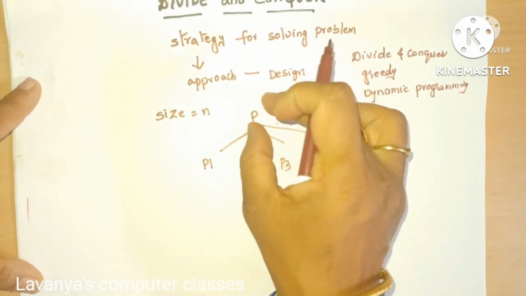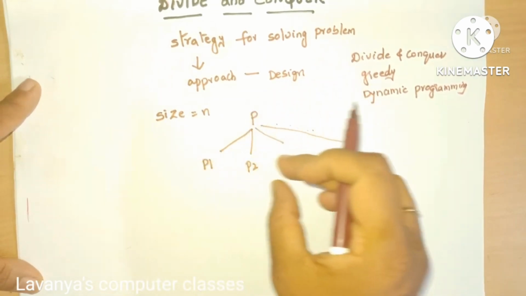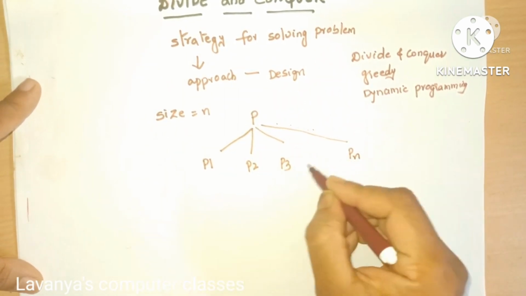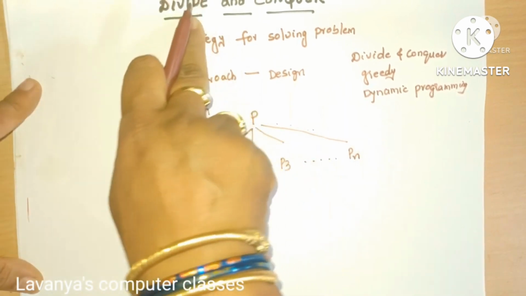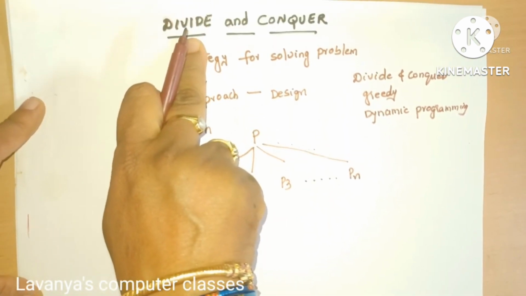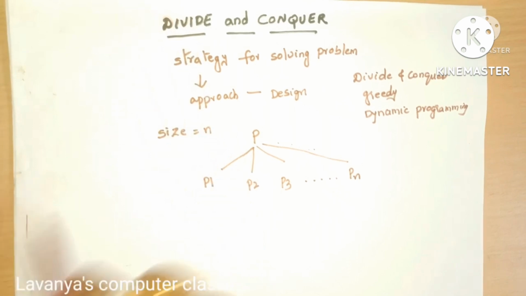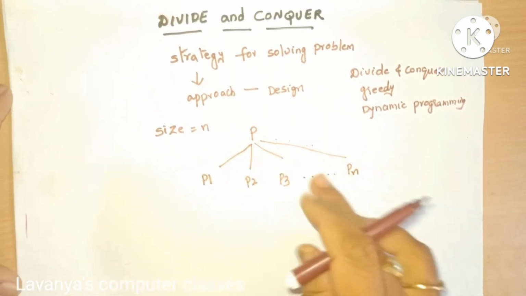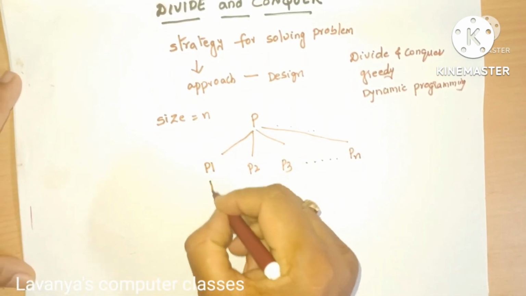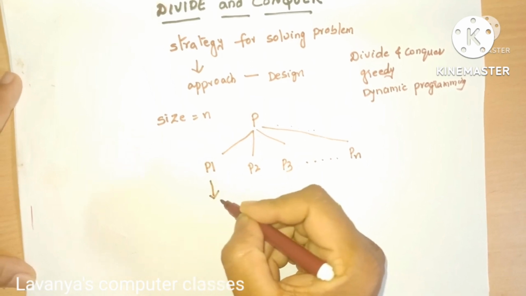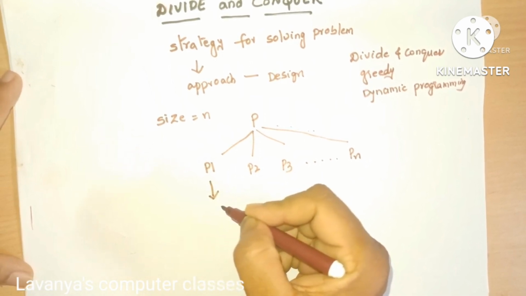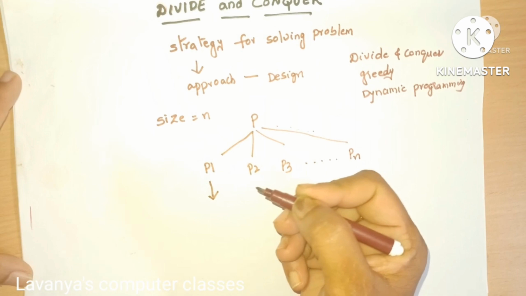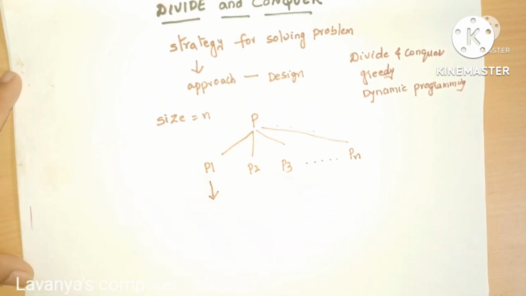One big, larger problem will be divided into sub parts, and this is known as divide. First I have to divide the big problem into smaller problems. After that, you find the solutions, because if the problem is small, automatically the solution is very easy.